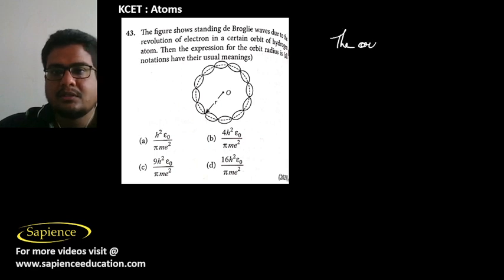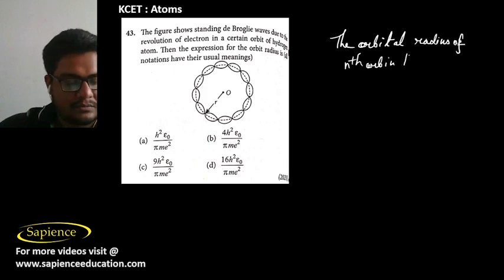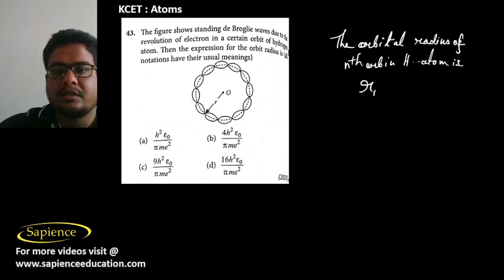So the orbital radius of the nth orbit in hydrogen atom is given as Rn.